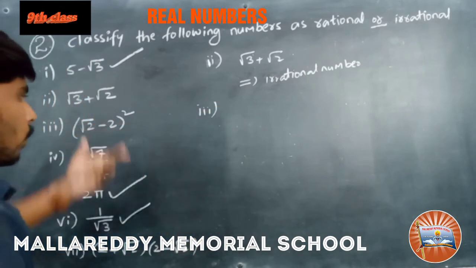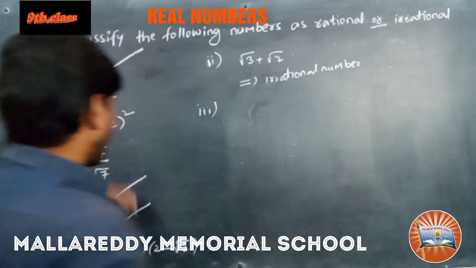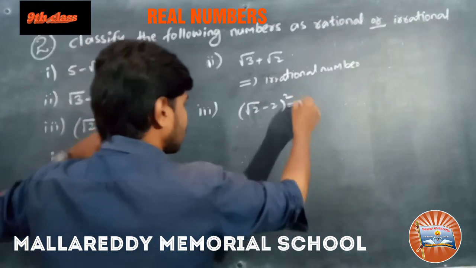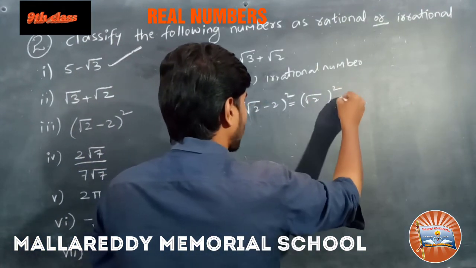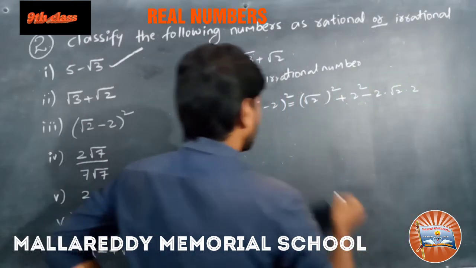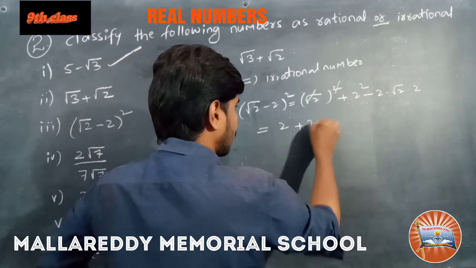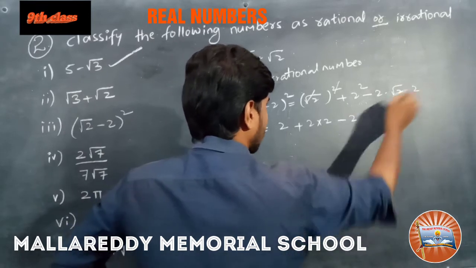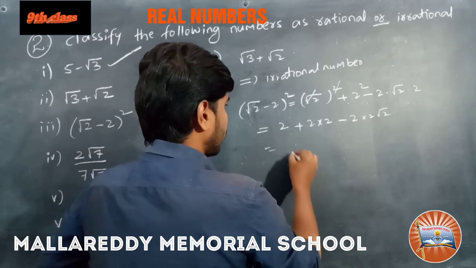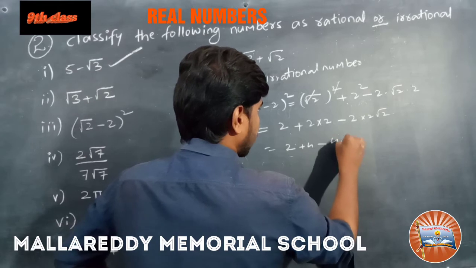Coming to the third one: root 2 minus 2 whole square. If you simplify this, it is in the form of a minus b whole square. So we can write this as root 2 whole square plus 2 square minus 2 into root 2 into 2. The square root gets cancelled: 2 plus 4 minus 4 root 2.